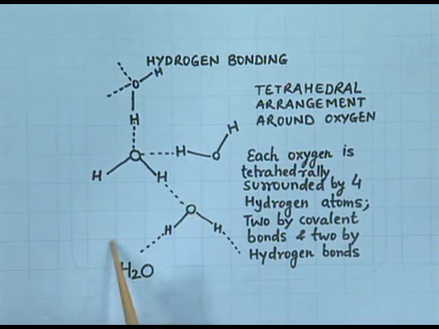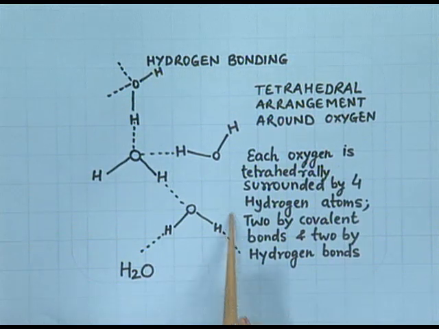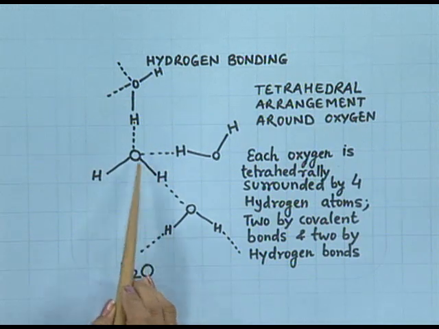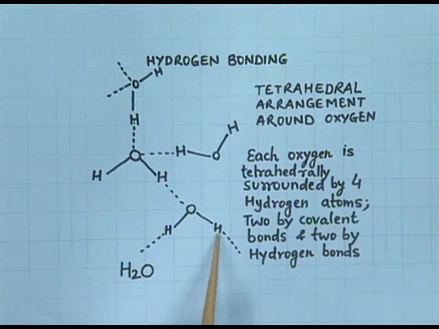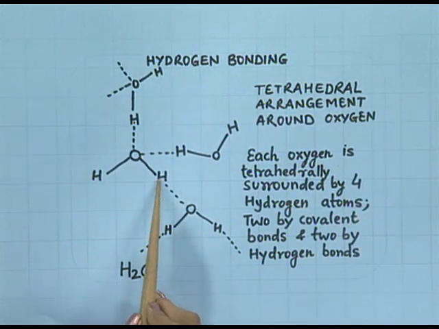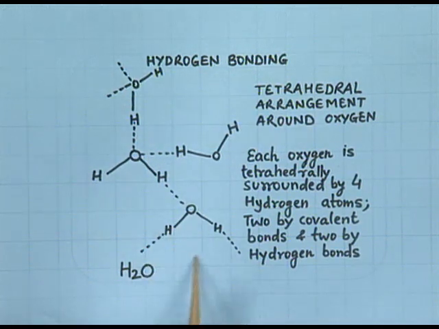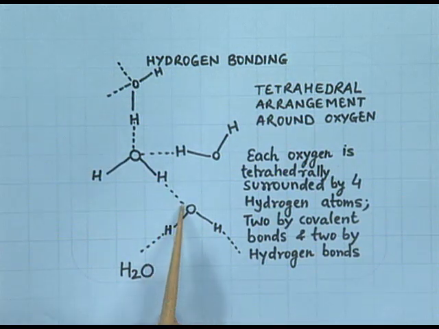You can see this from the other molecules also. This is again a water molecule, this is another water molecule. Hydrogen of this water molecule is bonded to oxygen of this water molecule via hydrogen bond. The hydrogen of one water molecule is bonded to oxygen of another water molecule through hydrogen bond.